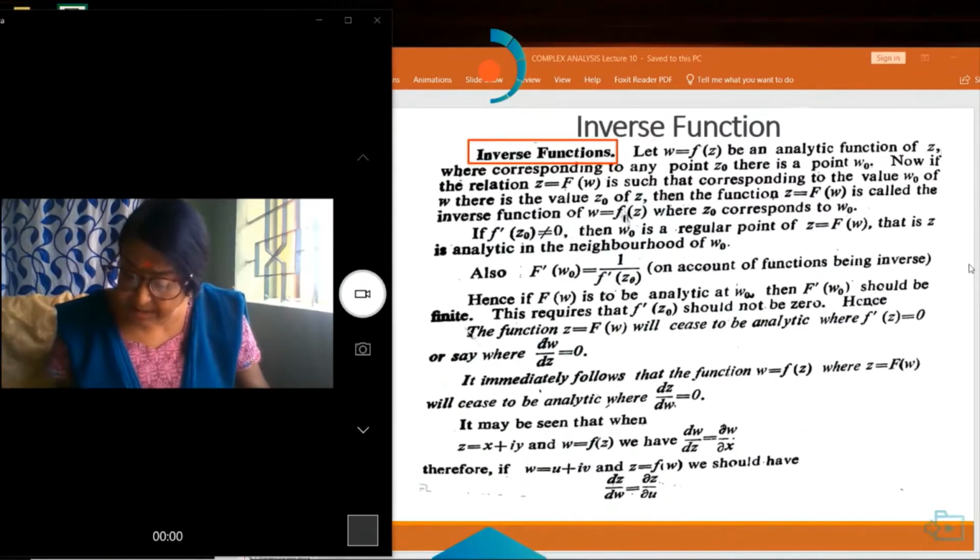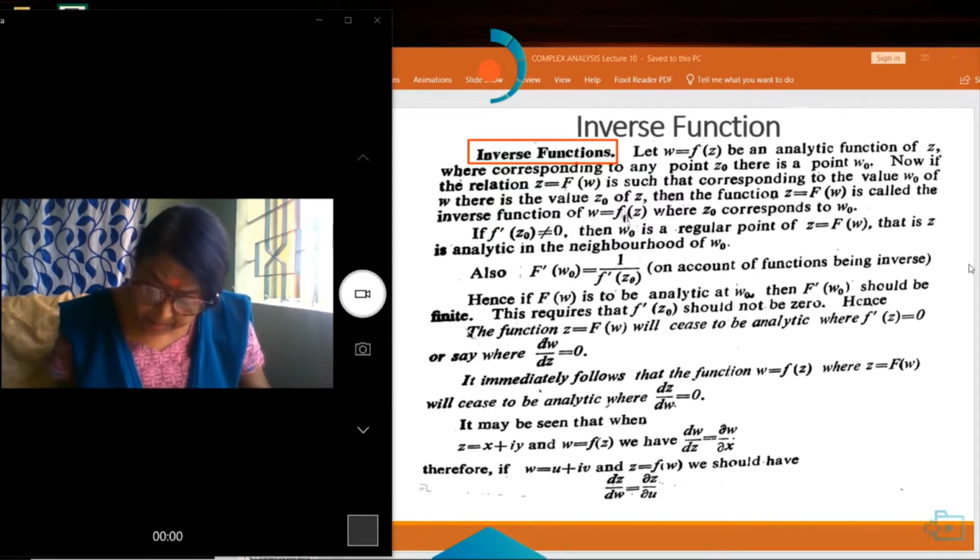Inverse function. Let w = f(z) be an analytic function of z, where corresponding to any point z0 there is a point w0.